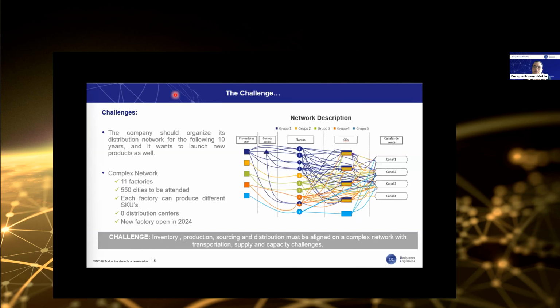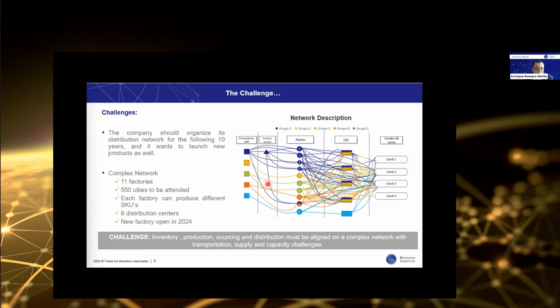Okay, as you see right there, this supply chain has an interesting element, which is a complex network. That's a lot of flows, a lot of combinations, that we must take into account, we must consider if we want to optimize the distribution strategy that the company wants to use.